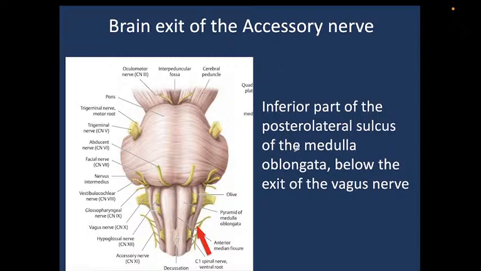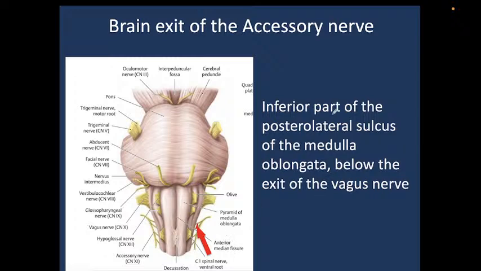The accessory nerve has 2 origins: in the medulla oblongata and in the cervical segments, usually from 1 to 6.